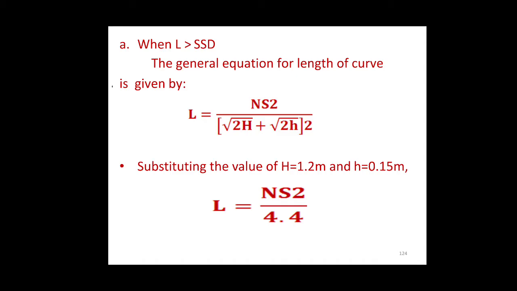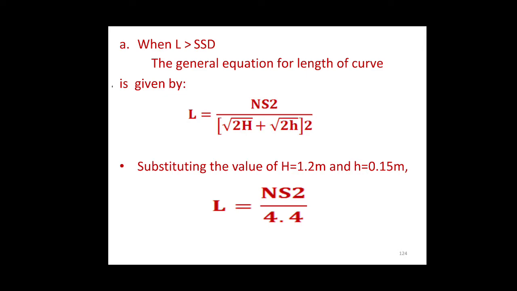Here, substituting the values of H equals to 1.2, that is the eye height of the driver, and h is small h, the height of the object from the top of the road surface.